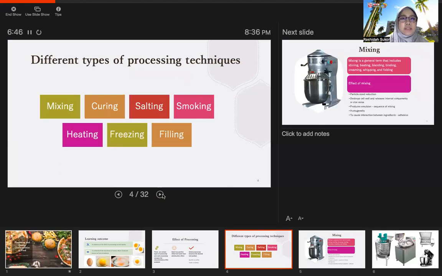There are many different types of processing techniques. These are examples of the processing techniques most used in food, which is mixing. For example, if you add some ingredients to the food, you have to homogenize and mix them well.